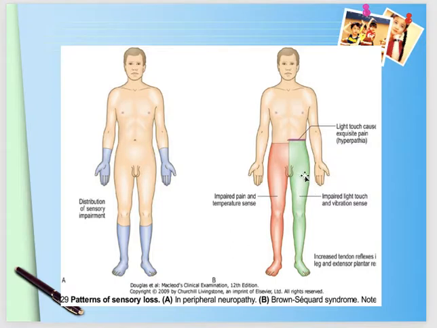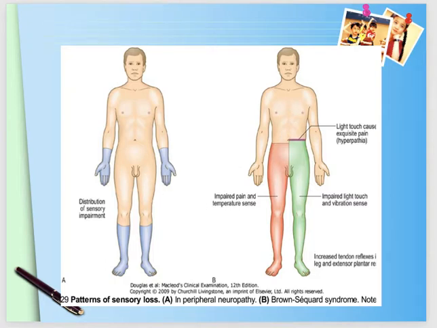Whereas light touch and these other sensations enter the spinal cord and go up on the same side. So now I know that someone has a hemisection of the spinal cord on one side. This syndrome is also called Brown-Sequard syndrome.